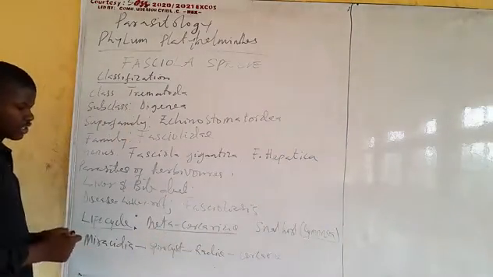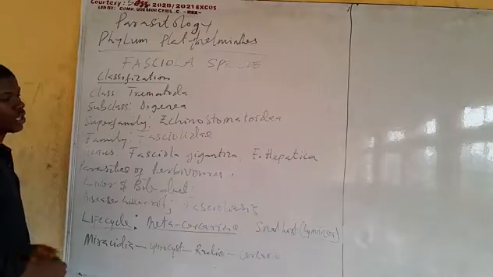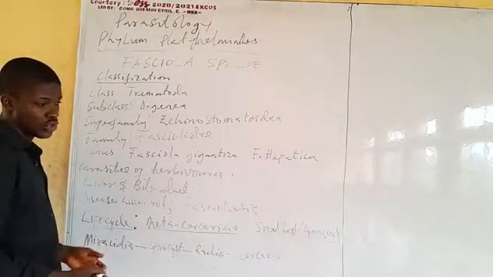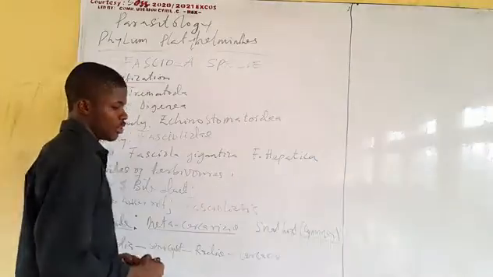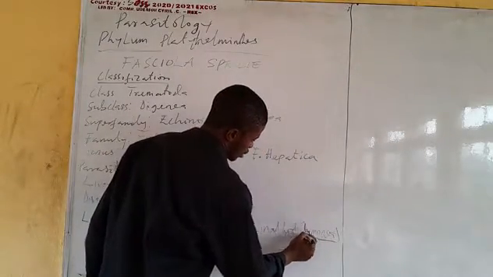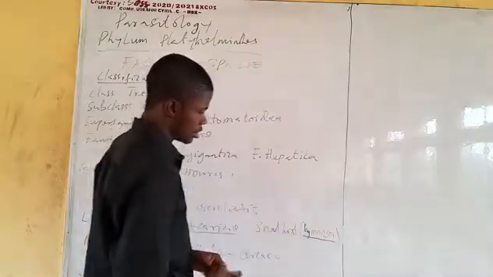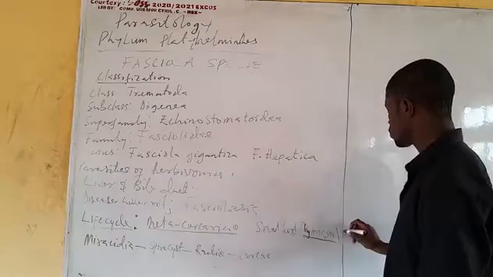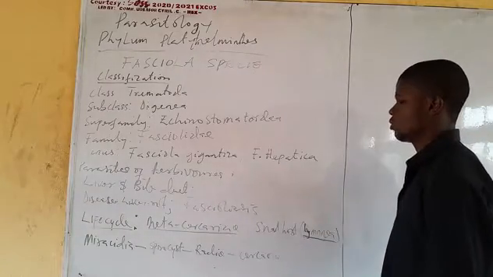Take note. It also has a snail intermediate host, of the genus Lymnaea. Take note: the genus of the snail that acts as an intermediate host to Fasciola is Lymnaea.